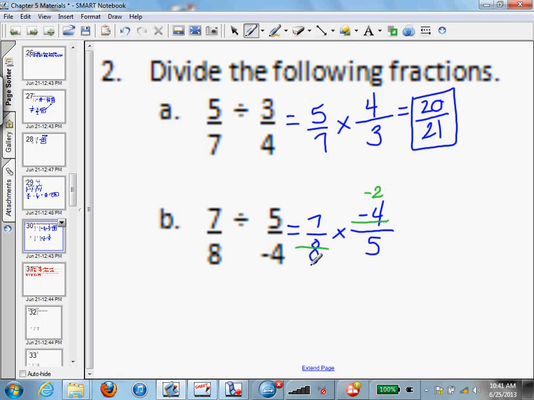Make sure to leave that negative there with that. Negative 4 will go into itself 1 time. Make sure to leave that negative with it. And negative 4 will go into 8 2 times. So if we reduce, we have 7 times negative 1, or negative 7, with 2 times 5 on the bottom, or 10.